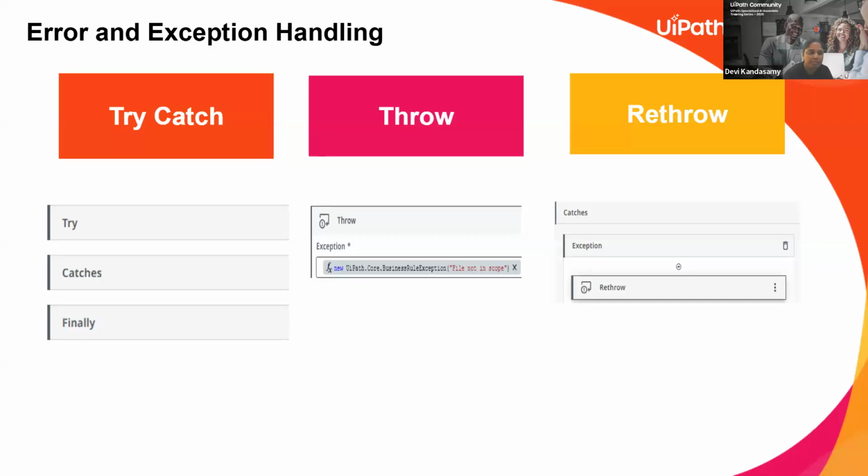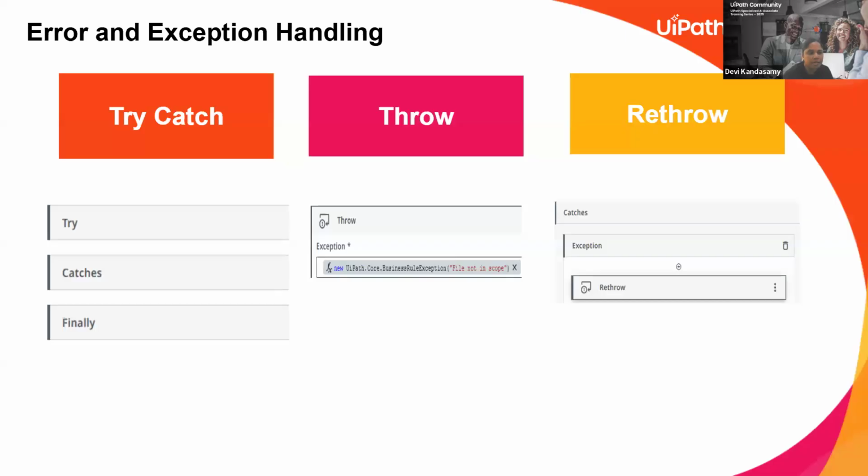There could be scenarios in your project where you want to throw an exception in case of failing business rules. In such cases, the throw activity would help you out, where you can throw a new business rule exception with the message inside the double quotes. So in general, exceptions in a project can be broadly classified into two types: either application or system exceptions, and then business exceptions.